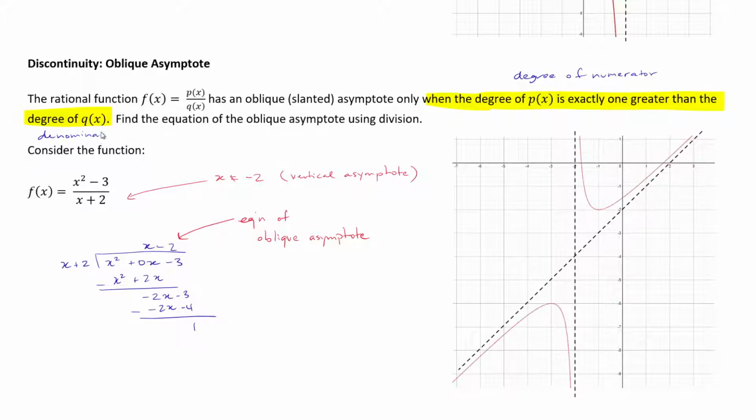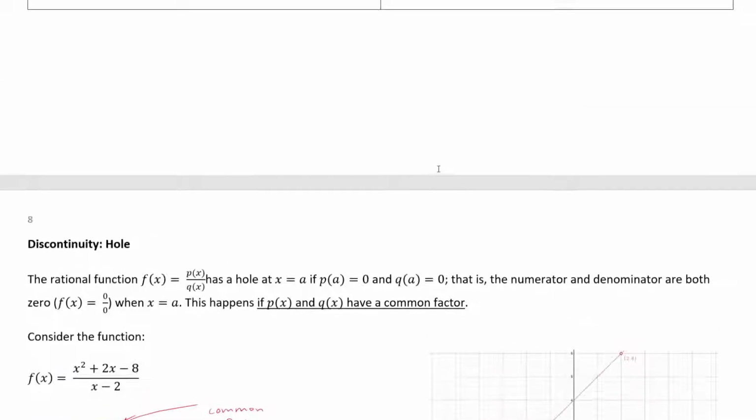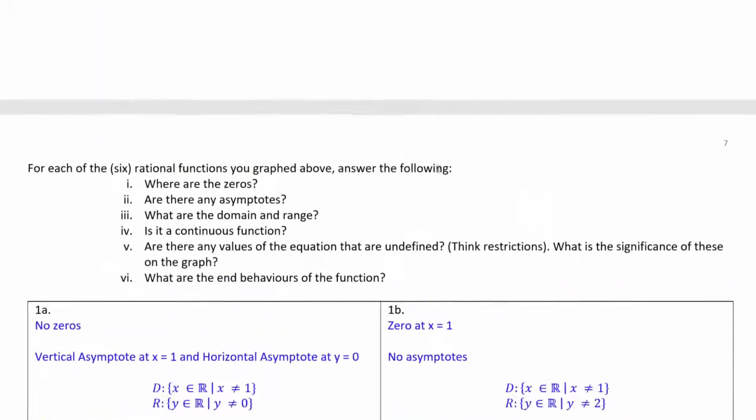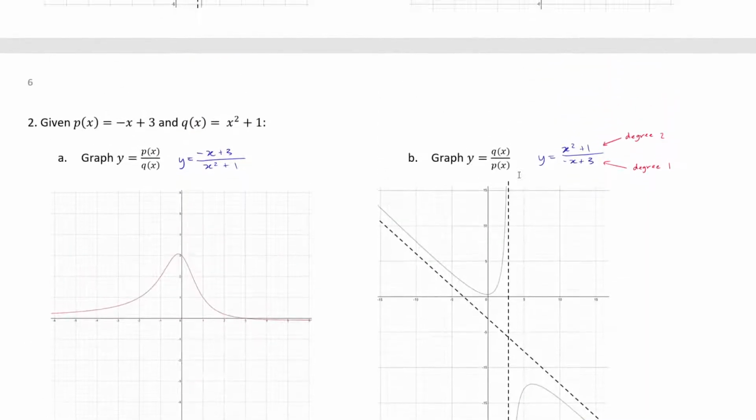Okay, but before we go and look at this example, we saw an oblique asymptote earlier in my examples. Let's just quickly take a look at it. Okay, here we go. We had our oblique asymptote, and as I stressed in the video, the numerator was degree 2, the denominator was degree 1, so the numerator was degree 1 more than the denominator.